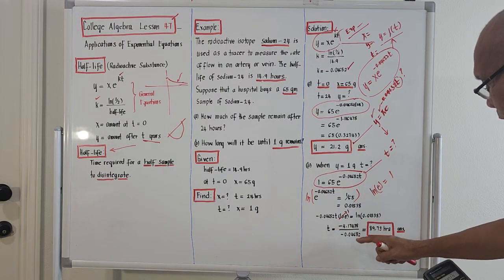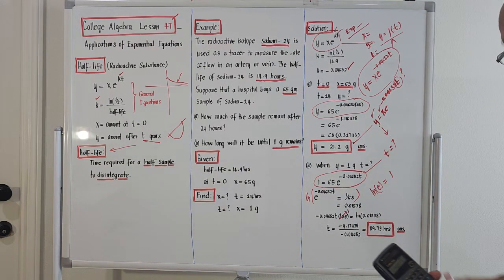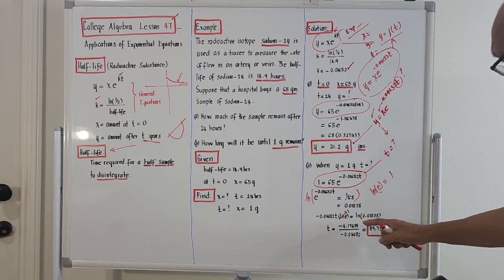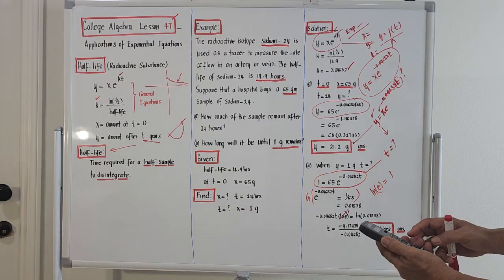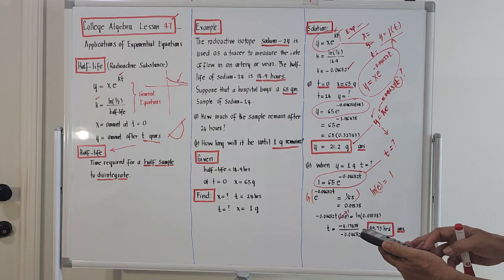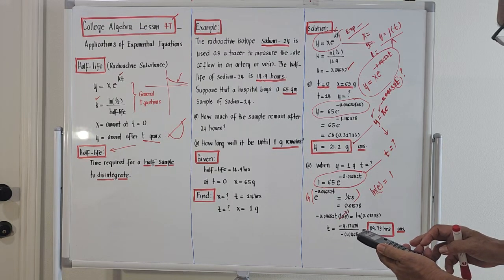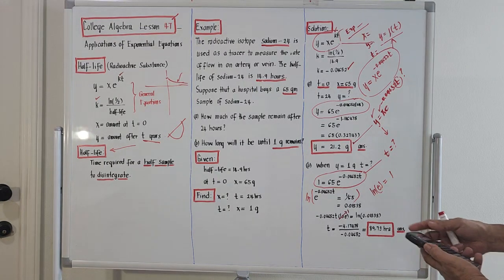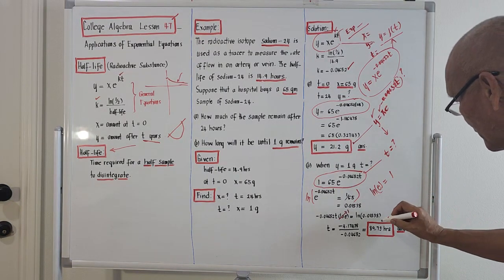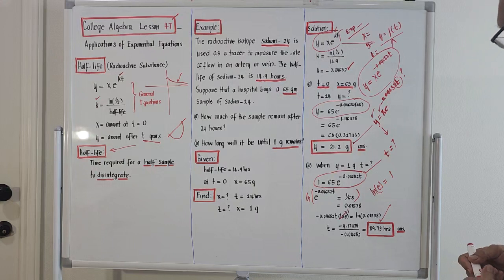A negative over a negative is a positive, because there is no such thing as negative time, right? And if we compute for this, dividing by 0.04652, it is 89.73 hours.